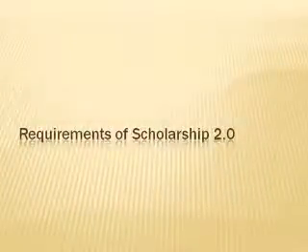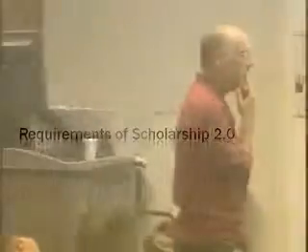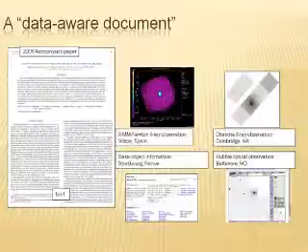So I want to make clear that scholarship is not just any web application. We make the mistake of thinking that you put up a web page and you throw your papers up there and suddenly you've done Scholarship 2.0 and you've moved your stuff over to the web. There are some very specific requirements of scholarship that have to be fulfilled before you move it over to the web environment. And one of those is really expanding the notion of the document.